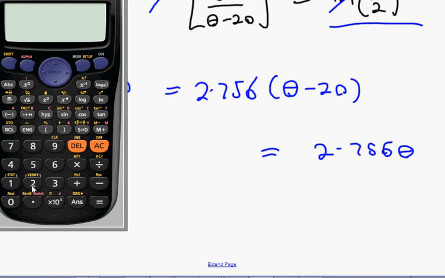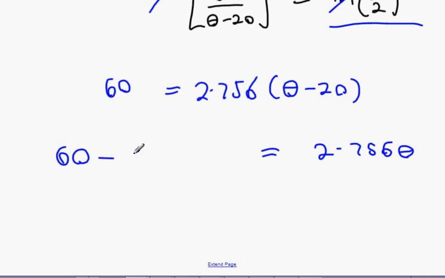Oh, sorry, 2.756 multiplied by 20, and what we get there is 55.12. So we're going to take away 55.12 from 60. And what do we get there?